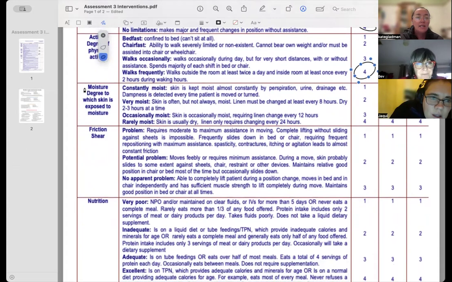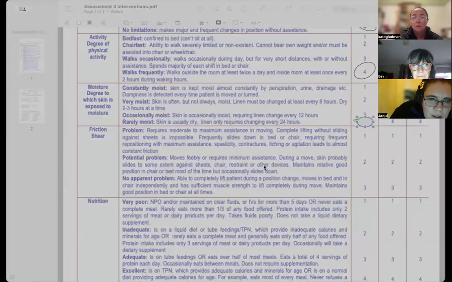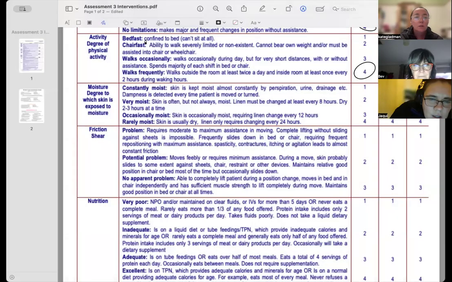And Jackie, moisture, degree to which skin is exposed to moisture. Yeah, rarely moist. Skin is usually dry. Yeah.